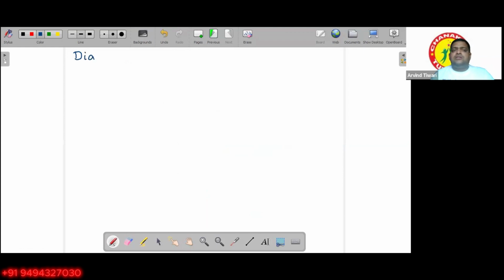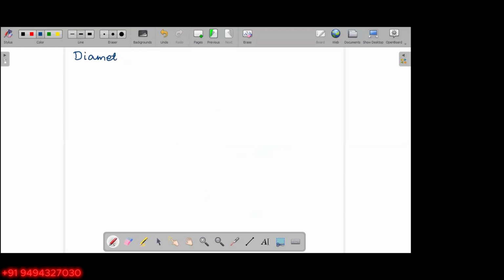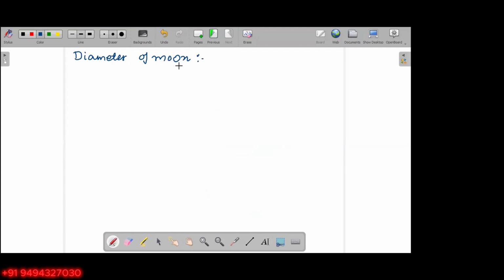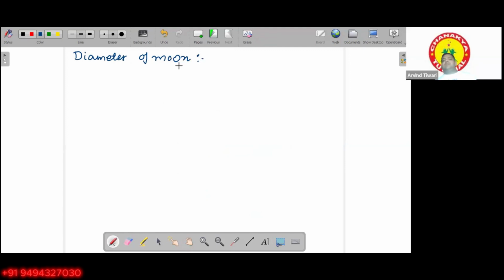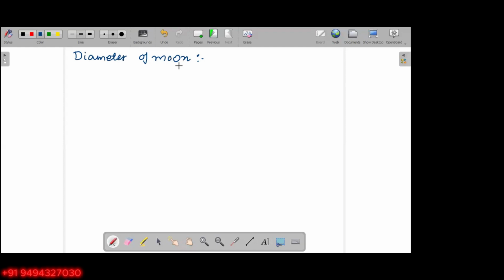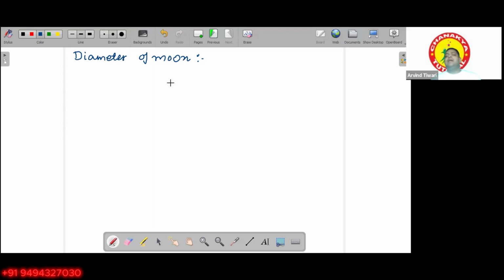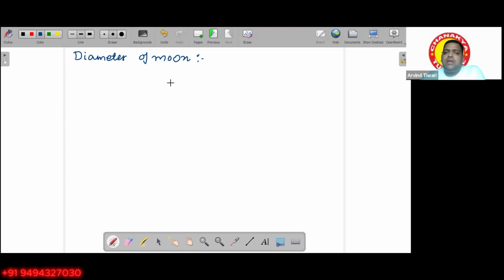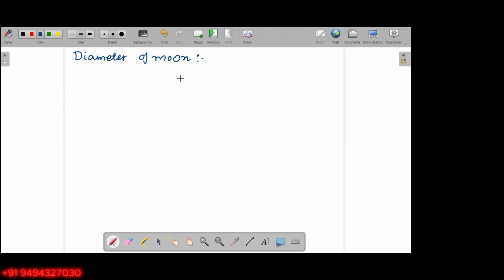It is also called the parallax method. As we know that we cannot measure the diameter of moon directly, we need to use some indirect methods. For that, we use electromagnetic waves, or laser beams or EM waves, to find out the distance between sun and moon and earth to find out the diameter.